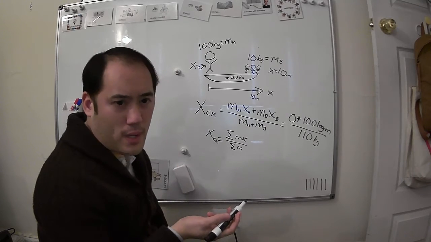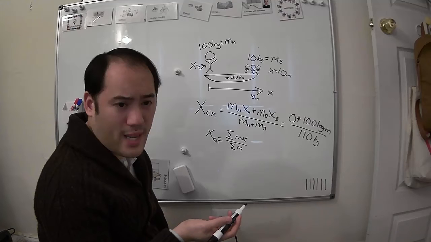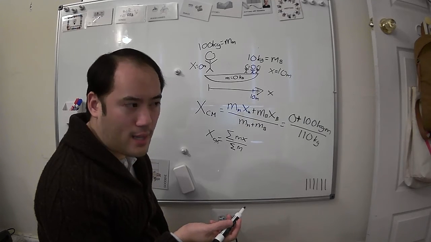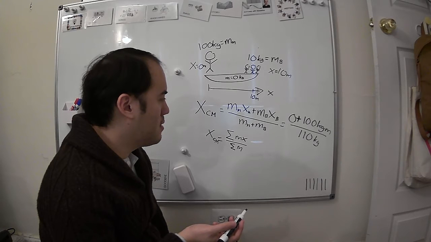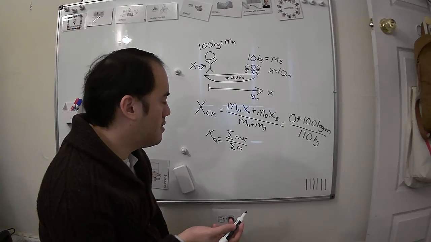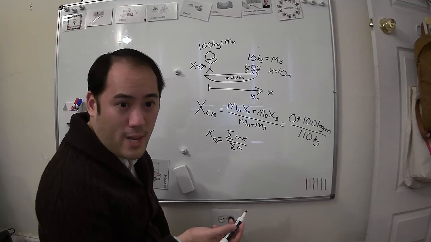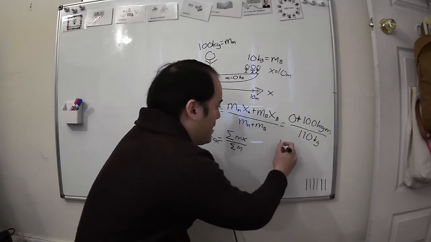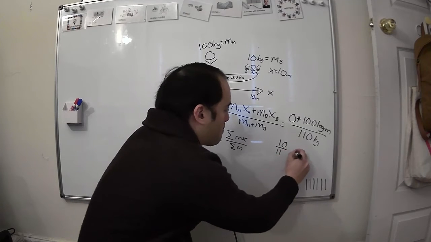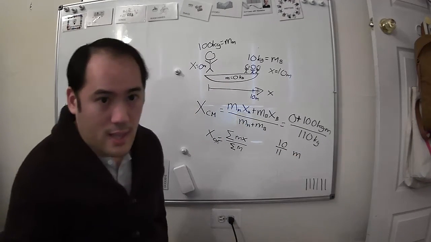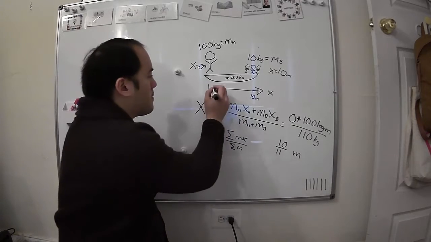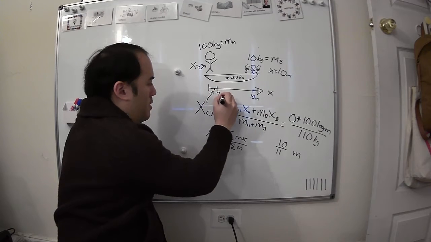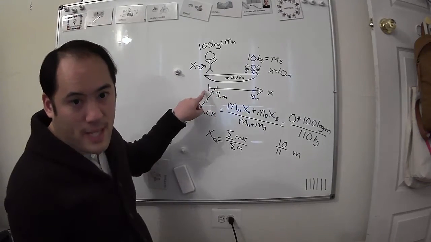It's 0.909090909. 10 over 11 meters. A little less than a meter, you'd be right over here, if that's 1, right there. That's the center of mass.